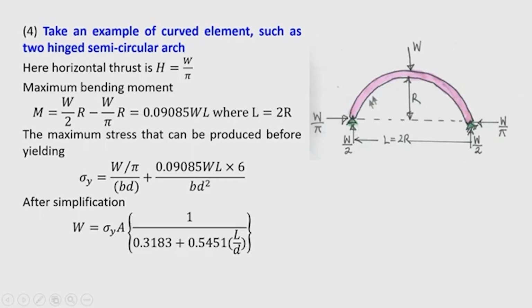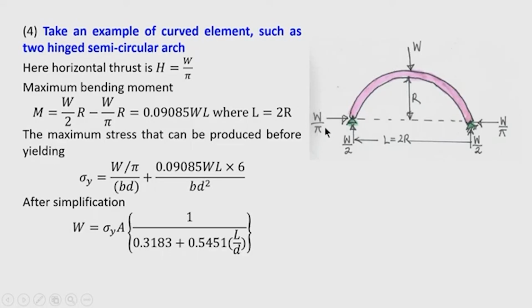Now, bending moment at the crown will be the maximum bending moment. If we calculate it, we get W by 2 into R, that is the horizontal distance, minus horizontal reaction into this distance. Now, the horizontal reaction for such a type of arch I am just quoting from the textbook of structural analysis.